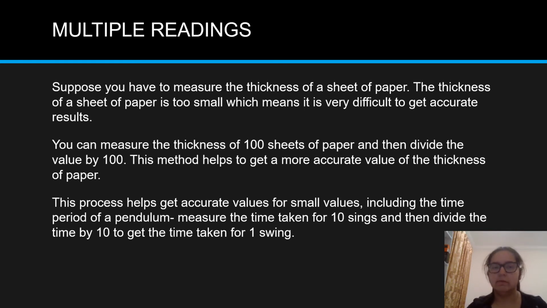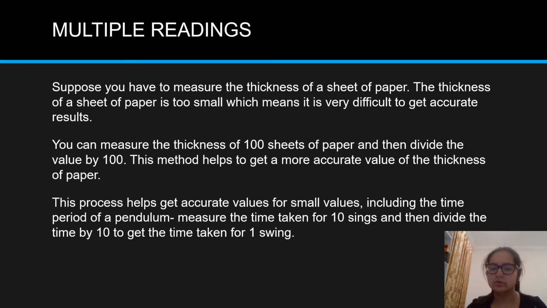For example, the thickness of a sheet of paper is going to be very small, which means you may not get accurate results. So you can take 100 sheets of paper and then measure their thickness. Then the thickness value can be divided by 100, and that will give you the thickness of one sheet of paper. This helps us to get more accurate values.